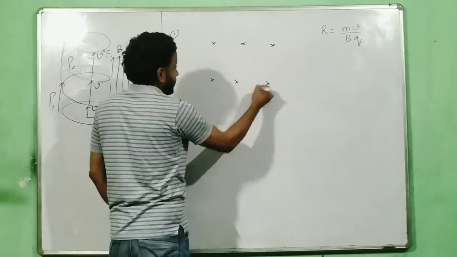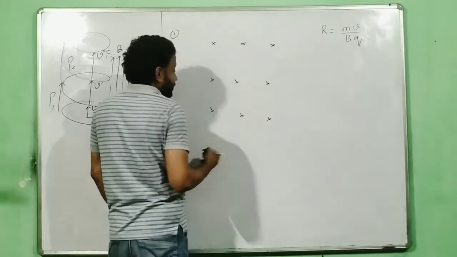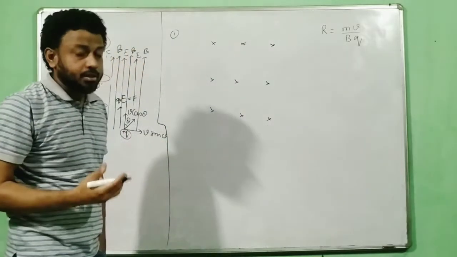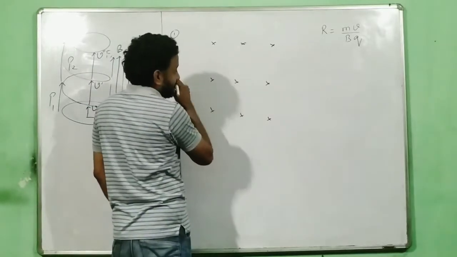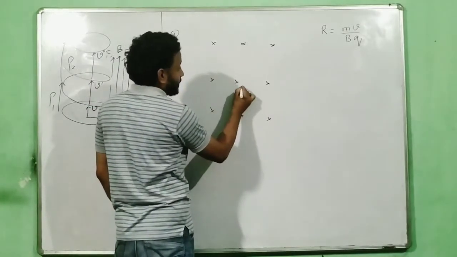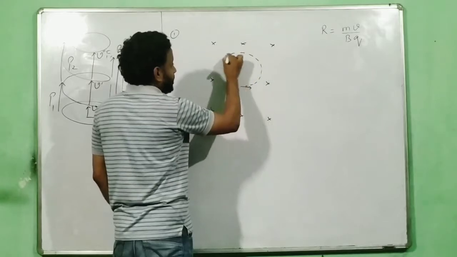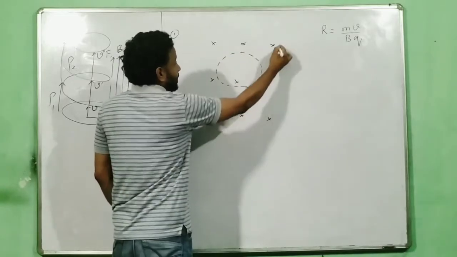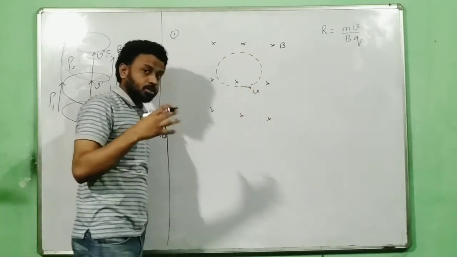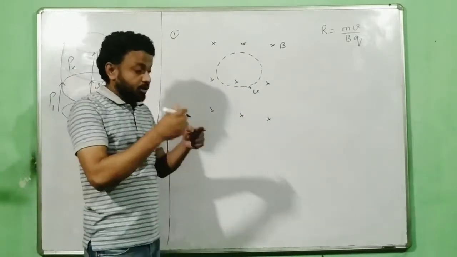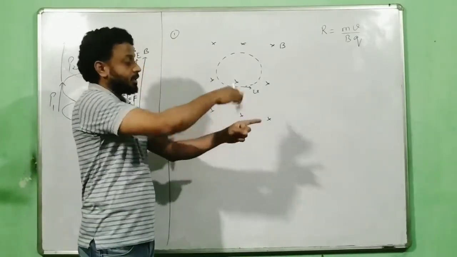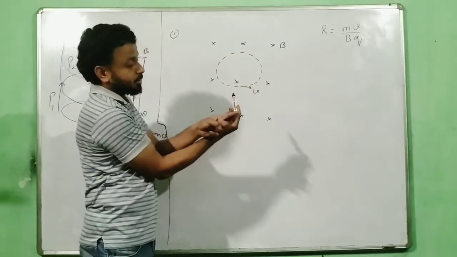I have a magnetic field which is not sufficient for it to complete the circle? Just imagine like this. I am releasing a charge from here, so it moves in a circular path. This is my velocity, magnetic field is into the board. Come to the basic fundamentals. The velocity and magnetic field are perpendicular, correct?